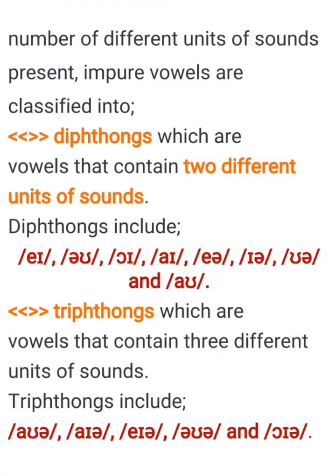And the list of diphthongs in English, we have the list here. As we go through them, you see that we always have two sounds at a time, one followed by another.